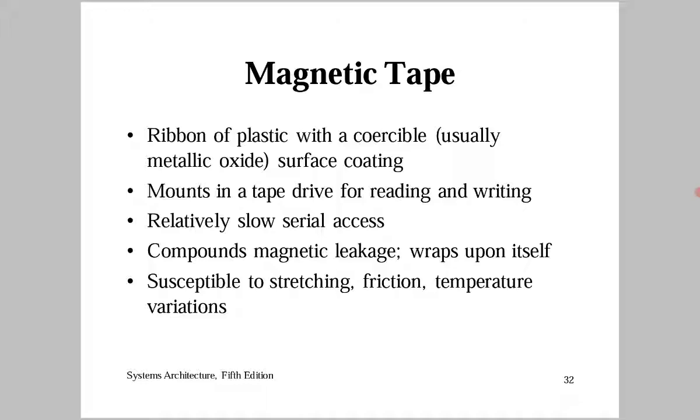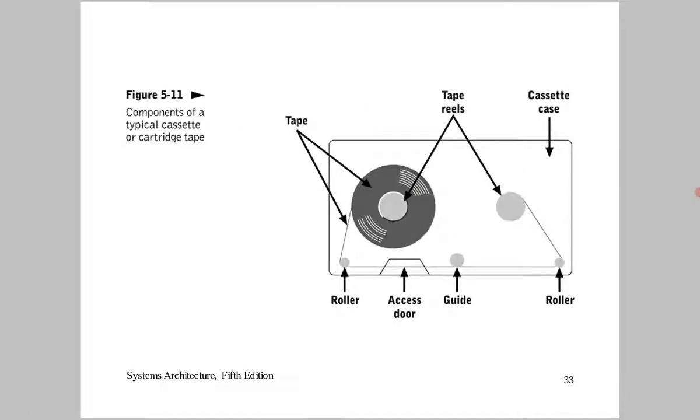Generally, if the magnetic tape is damaged, the data information will be lost. It is also affected by temperature, friction, like that. So, components of a typical cassette, generally the example is a typical cassette or cartridge drive.